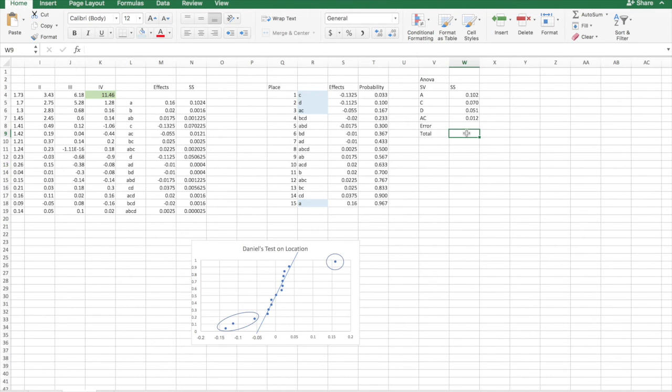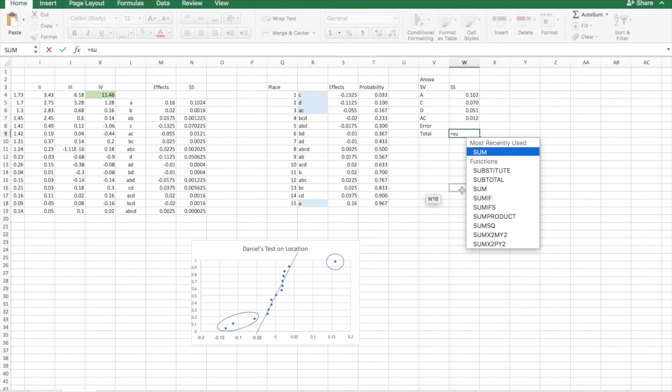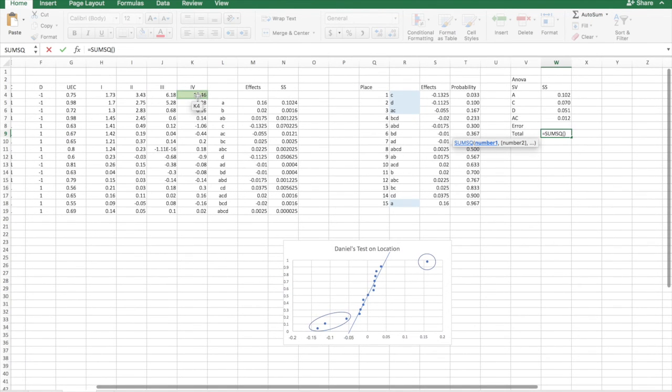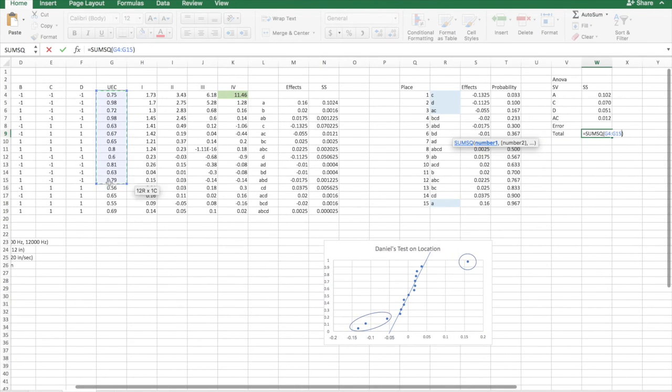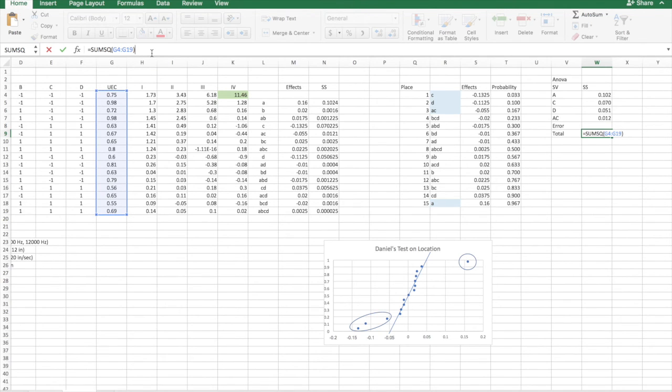We have to calculate the sum of squares of the total, which is the sum of squares of all the data minus the grand total squared divided by 16, because we have 16 data.